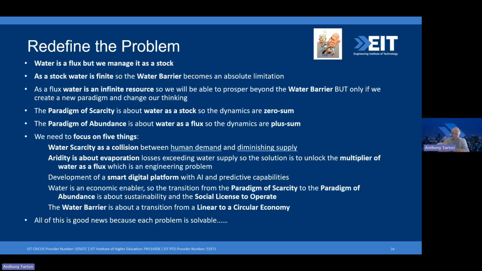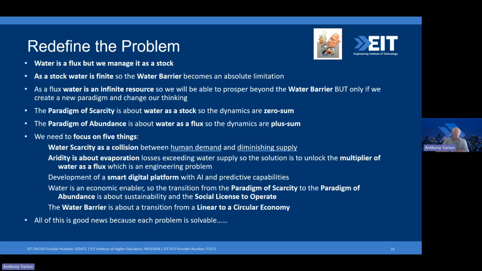The paradigm of scarcity is about water as a stock, so the dynamics are zero sum. Zero sum means my gain is your loss. A game of tennis is a zero-sum game. If I get the ball over the net enough times, I win, you lose. There can only be one winner, and because of that, it's a highly competitive game. We've got to think about that differently now, because we've got to start converting that into a plus-sum game.